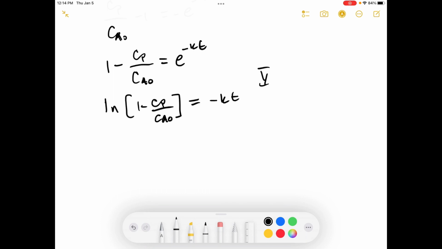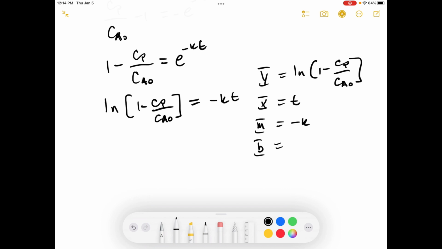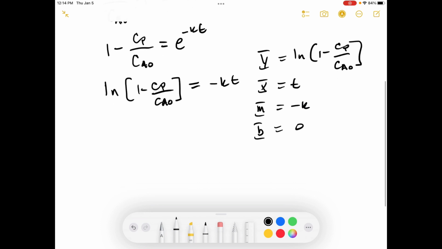So we've got our y equals the natural log of 1 minus Cp over Ca naught. Our x is equal to t. Our slope is equal to minus k, and our intercept is equal to 0. So our equation for a line actually looks like this: y equals mx.